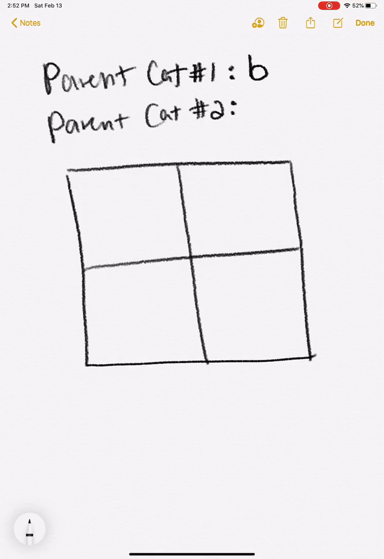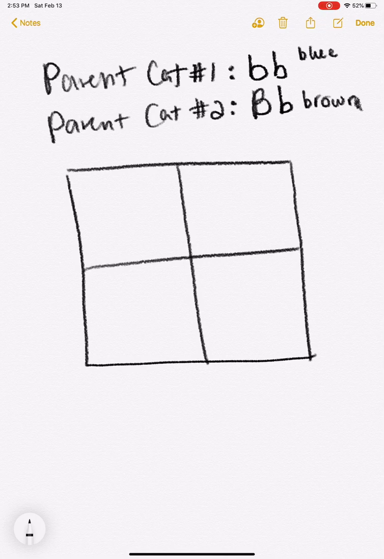It will be represented by two little b's, homozygous recessive. Blue eyes actually tend to be recessive in comparison to, let's say, brown eyes. So let's say parent number 2 has brown eyes due to its heterozygous gene. So it has one upper and one lower, okay? So this guy has blue eyes and this guy has brown, okay?